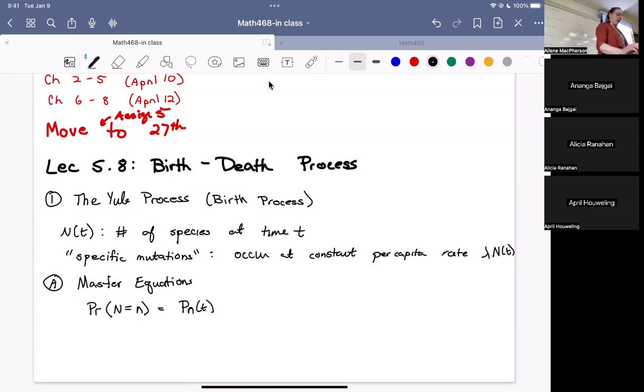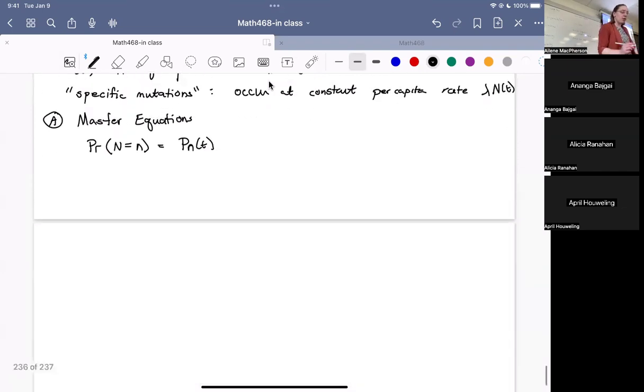And we're going to write a set of differential equations for that. So I'll write the left-hand side. You guys write the right-hand side. I get the easy job. So how do I write the master equation for this process?